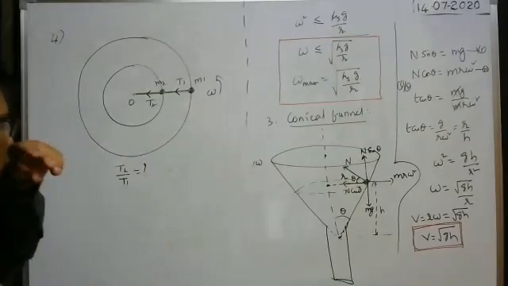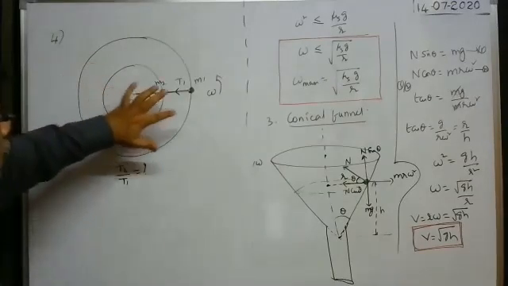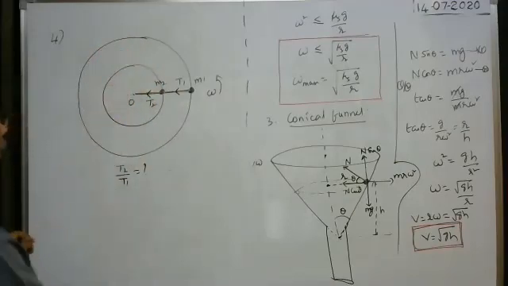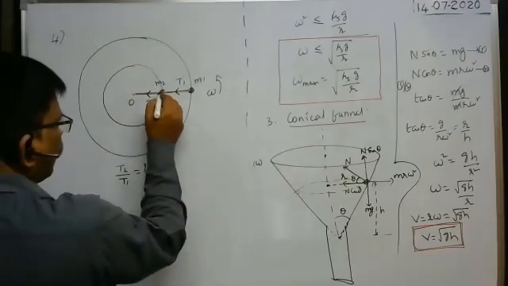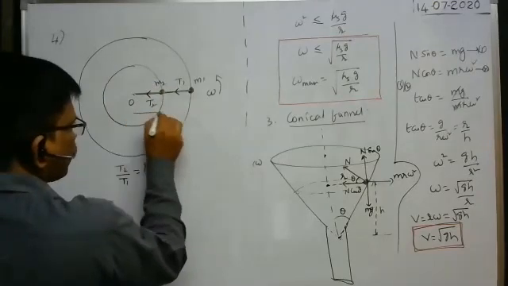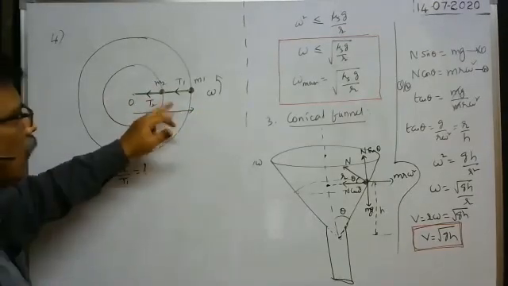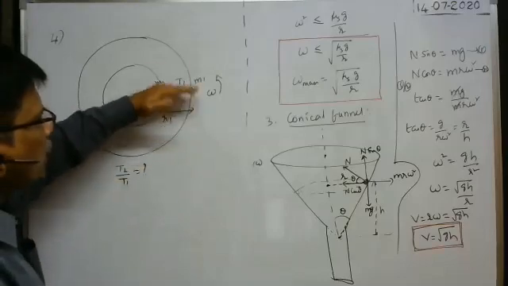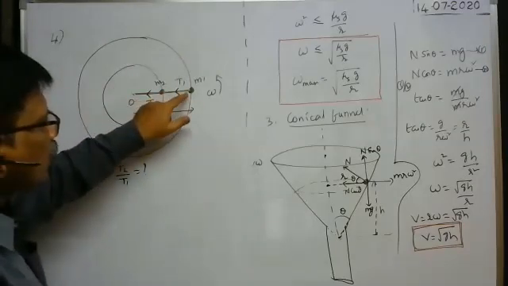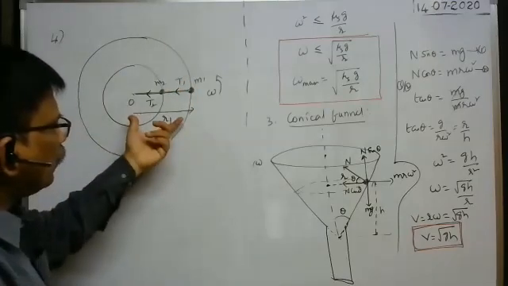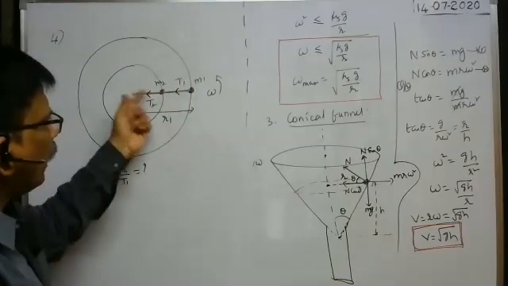This is the case. Now whenever the two bodies are made to rotate in a horizontal plane in circular paths, suppose the length of the rope is say R1. Then when these bodies are made to rotate, the body of mass M1 rotates along a circular path with radius equal to the length of the rope only, no?